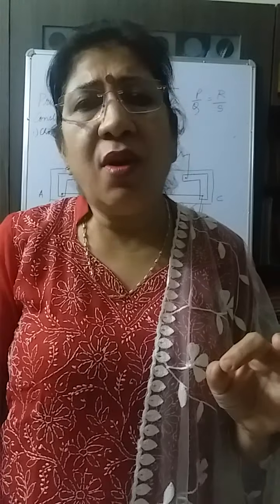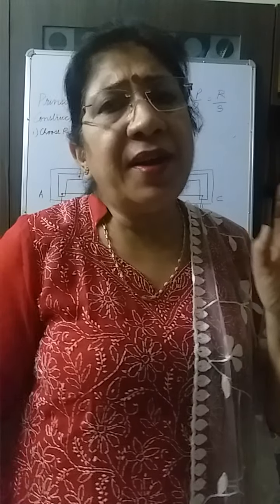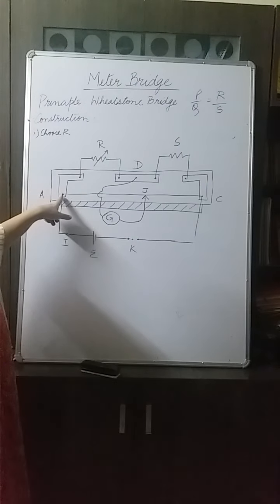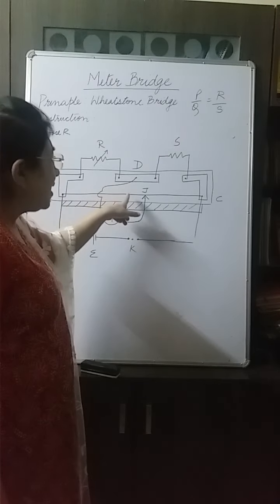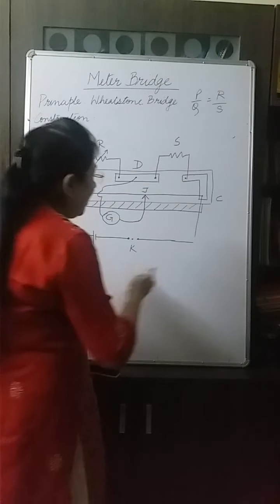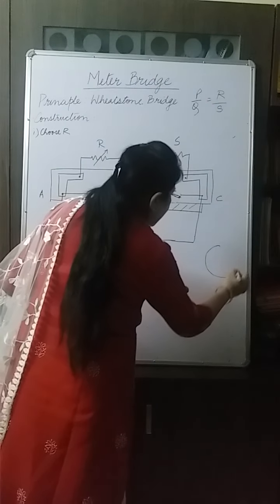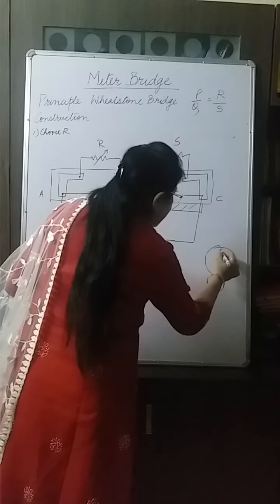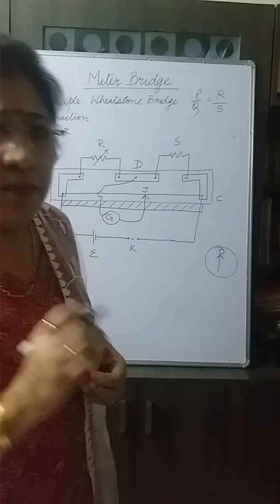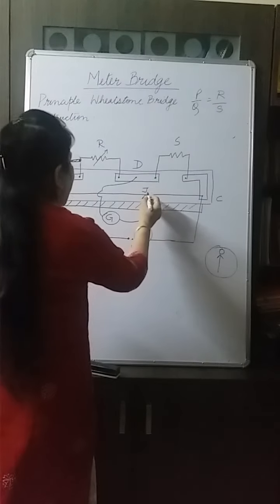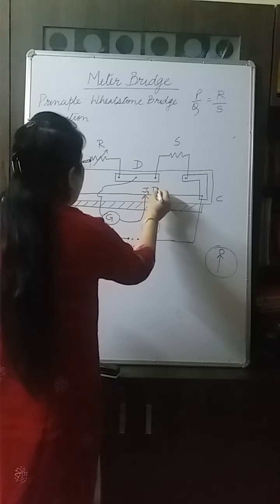So the method is always that you pick up the jockey and make contact with the wire. Starting from A, you touch the wire, and at some point you will see that the deflection in the galvanometer becomes 0. At the point where the deflection becomes 0, that point is the point B.